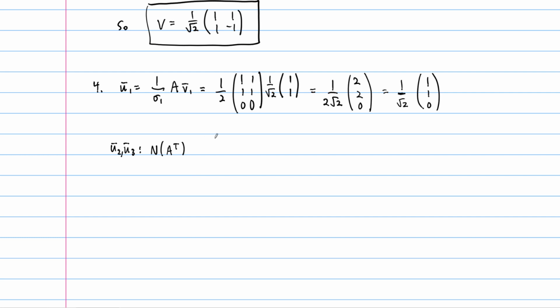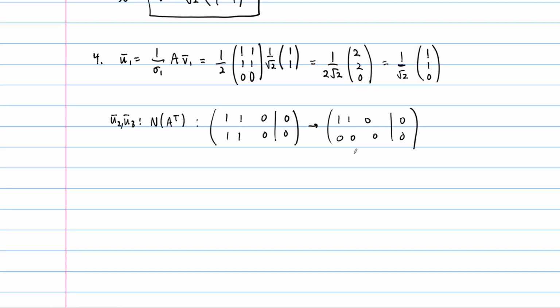All right, so A transpose is 1, 1, 0, 0, 1, 1, 0, 0. So to get the null space, you augment it the usual way. Just like before, the rows are exactly the same. So as far as solving a system, augmented matrix style, this is simple, right? So what do we have here then?